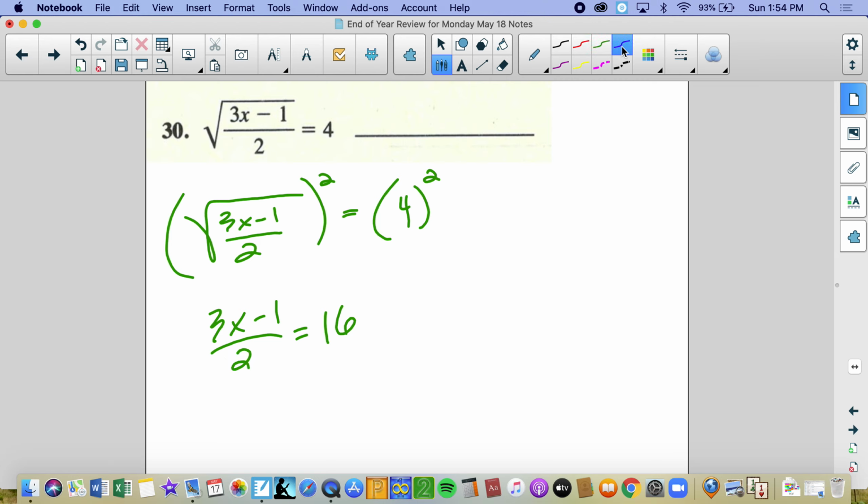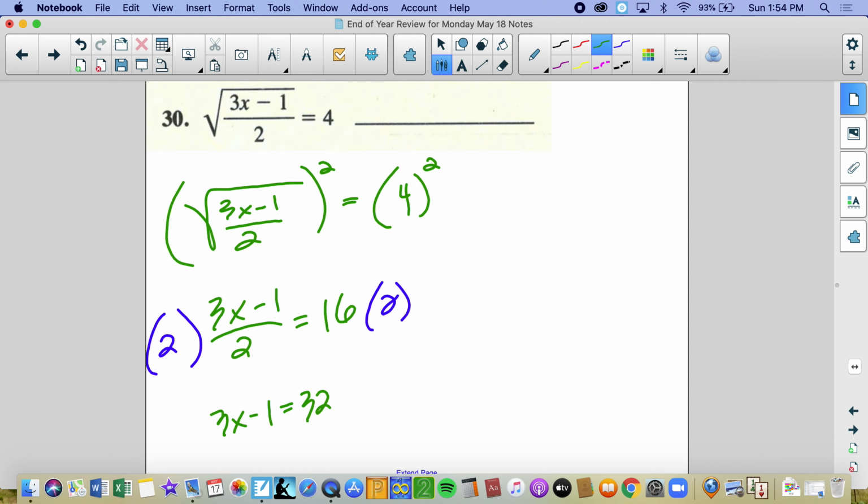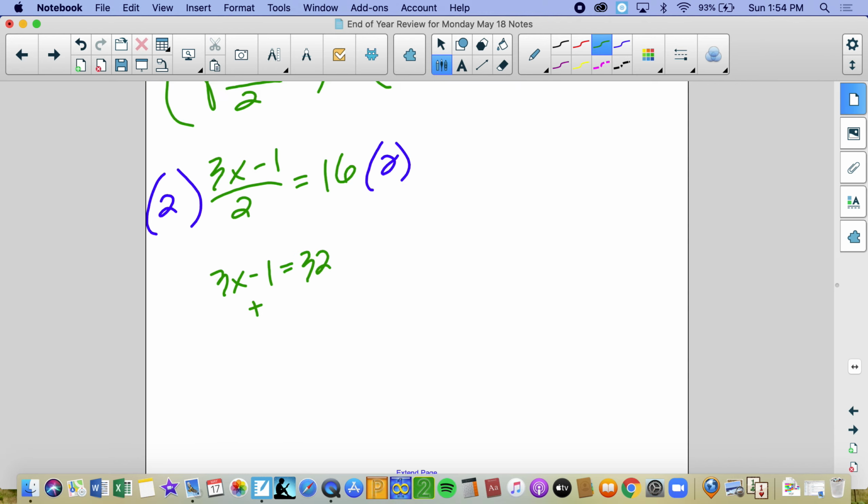So we're going to multiply both sides by 2. We're doing the inverse of dividing by 2, which is multiplying by 2. That gives me 3x minus 1 equals 32. And now this is a simple two-step. We're going to add 1. We get 3x equals 33, divided by 3.